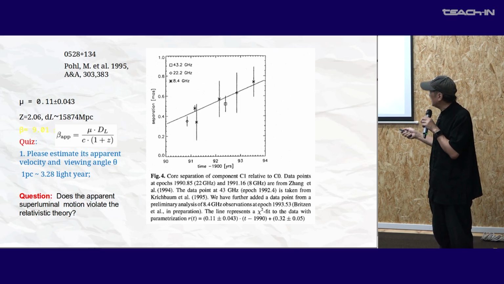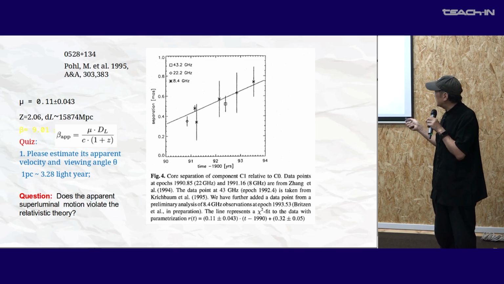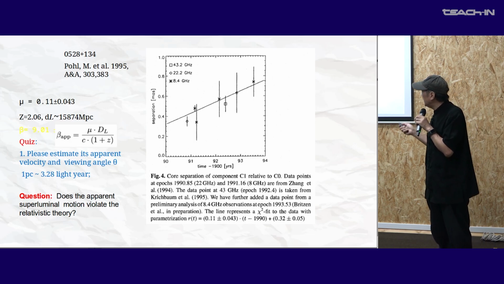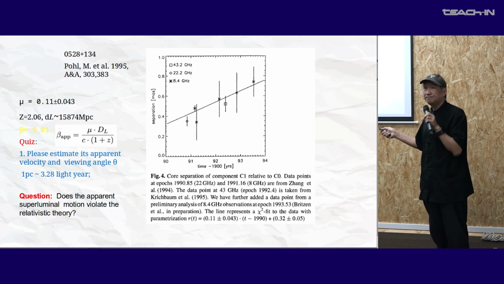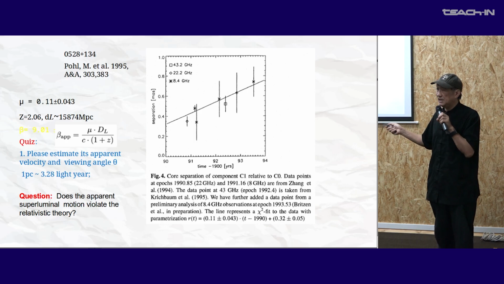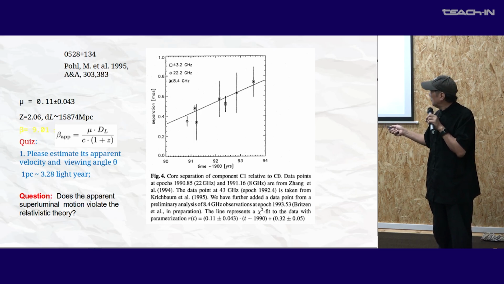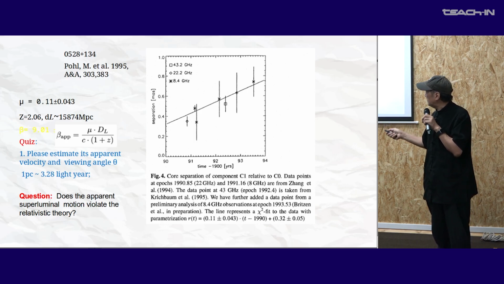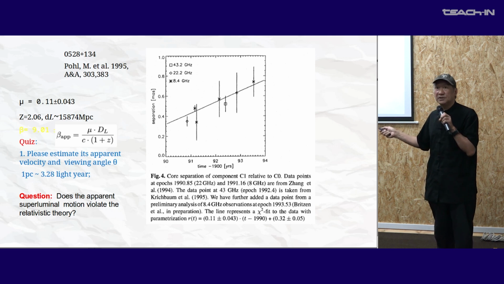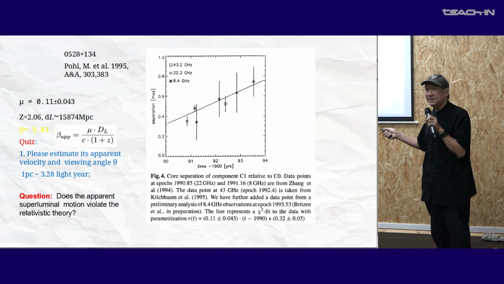So for example, for this source, the observations indicate that the proper motion velocity is 0.11. From the redshift of this source, we can get the luminosity distance, which is so many Mpc.